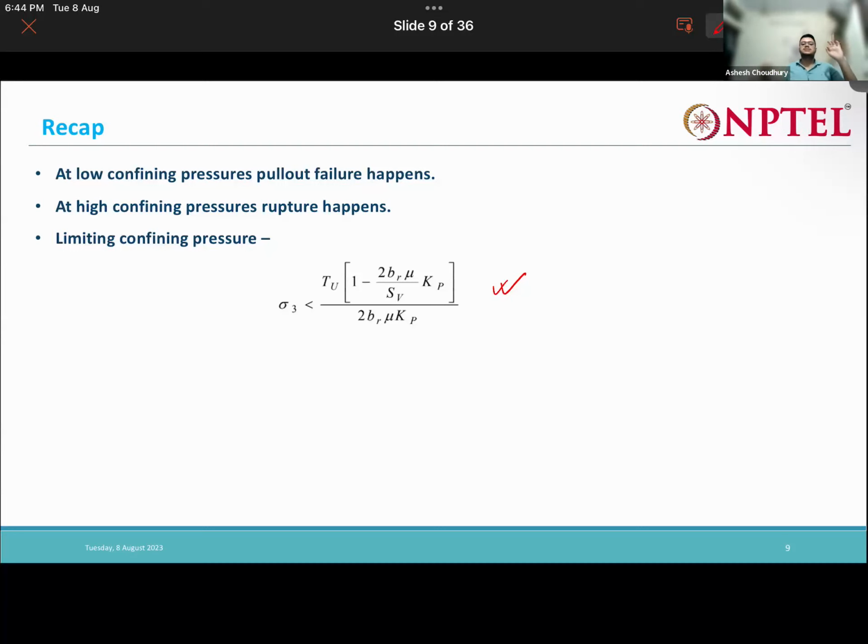What will happen? There are more chances of rupture. These are very intuitive things, and they are expressed mathematically with the help of the concepts of soil mechanics.